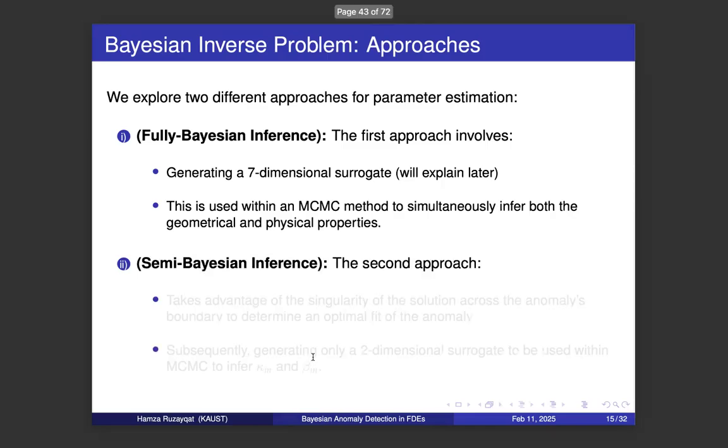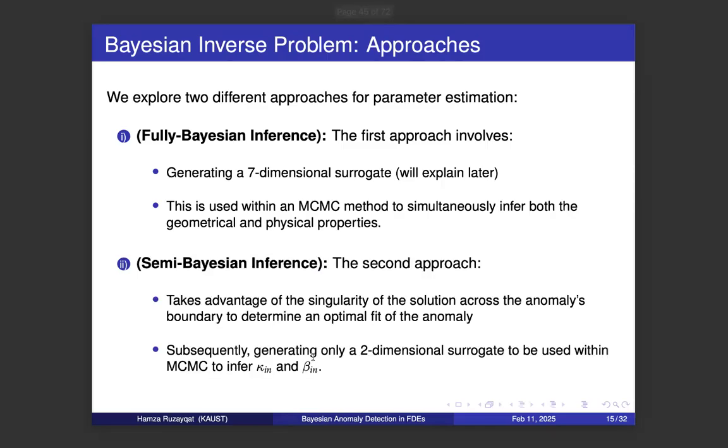However, in the second approach, we take advantage of the singularity of the solution across the anomaly's boundary. In fact, the gradient, actually the second derivative, is not continuous, and we consider this in order to determine an optimal fit of the anomaly using image processing.